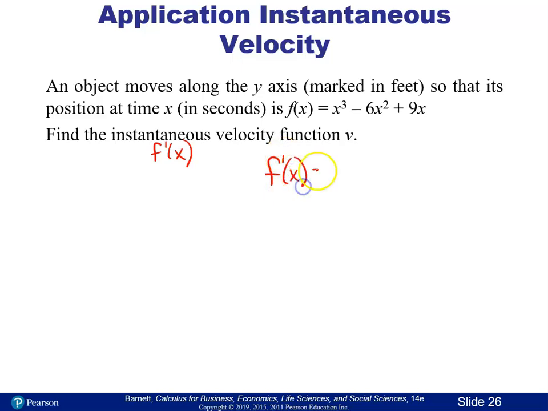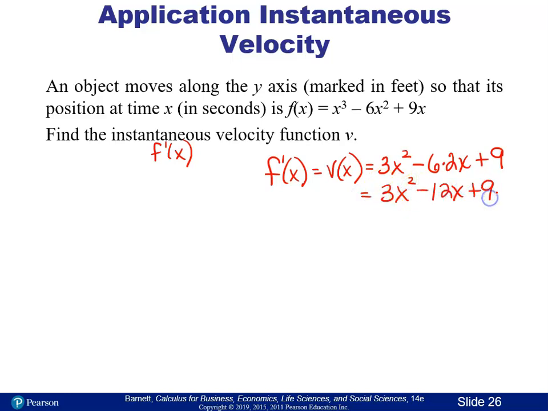Like I said, the instantaneous velocity is the derivative. So that derivative is 3x squared minus the constant times the derivative of x squared and then plus 9. So 3x squared minus 12x and then plus 9.